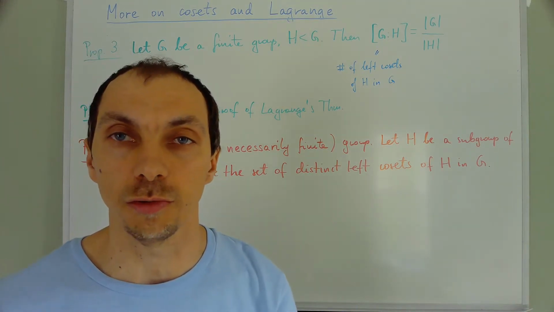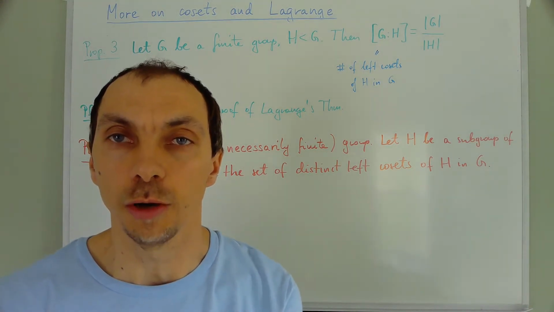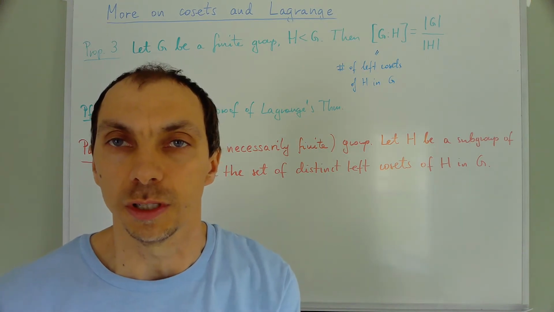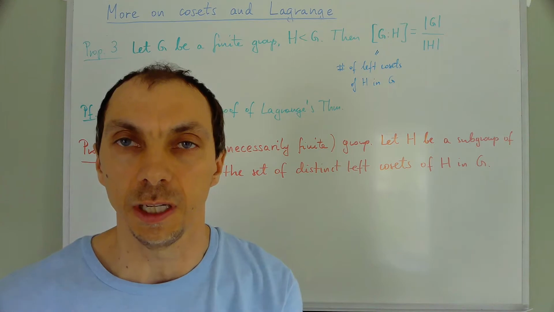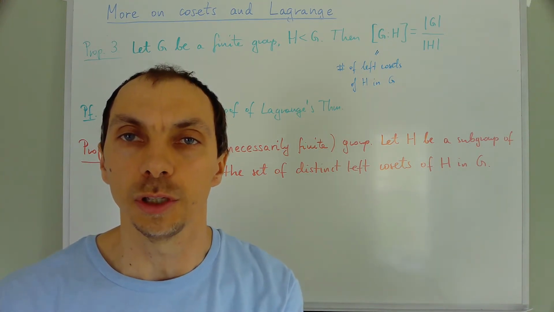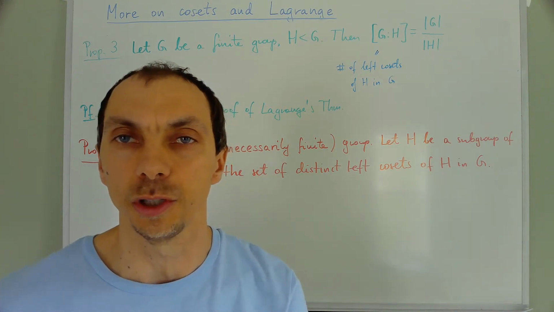So distinct cosets, right? Any two cosets are either equal or disjoint. So I'm just putting the disjoint ones. So if I have gH and g'H and they are the same coset, I'm only going to put one of them, say gH. I'm not going to put g'H.